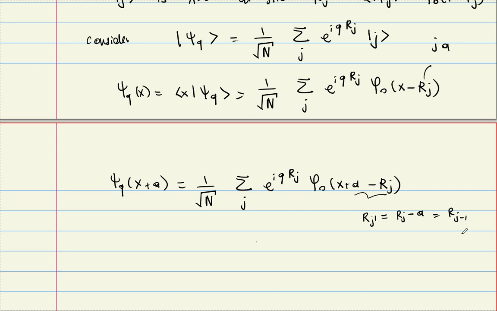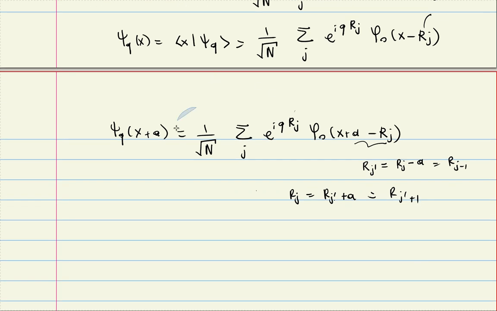Good. Then wherever I see r_j, I need to write r_j prime plus a, which is going to be r_j prime plus 1.